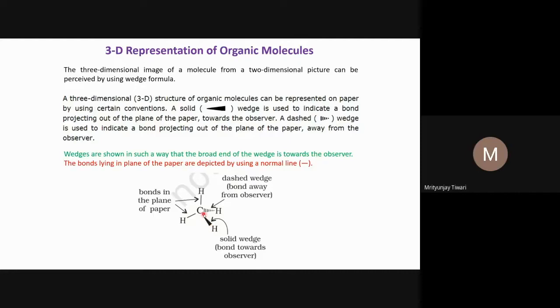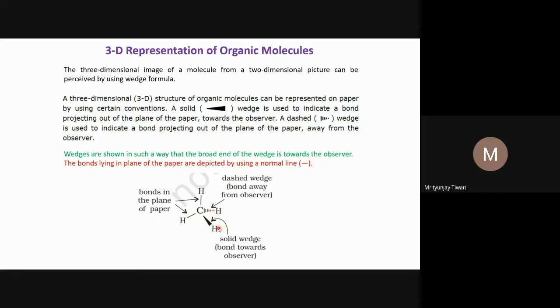If this CH bond is towards me, or towards you when you see your screen, it should be represented with a solid wedge, and the bond that goes away from us we show with a dashed wedge.